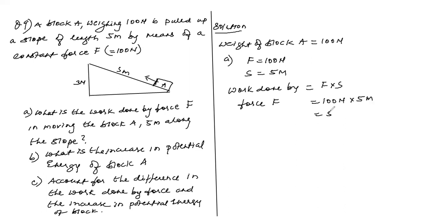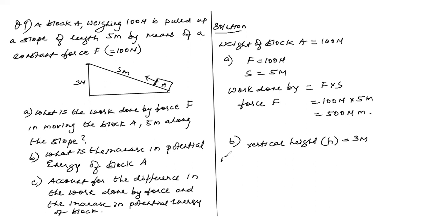So it will become 500 Newton meter. Got it? Now, what is the increase in potential energy of block A? The block A gets lifted by a vertical height h, equal to how much? 3 meter.